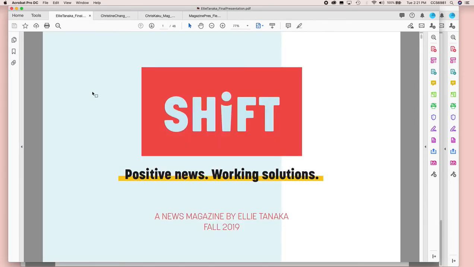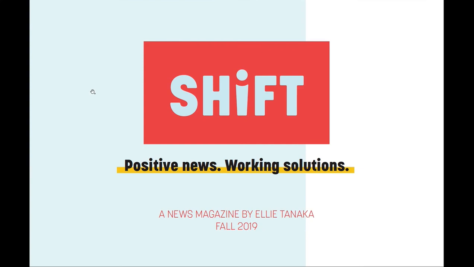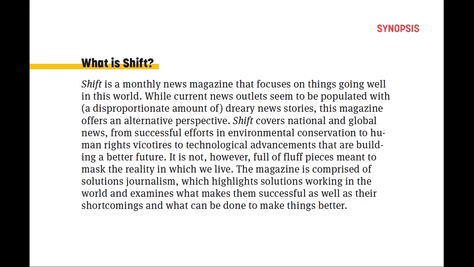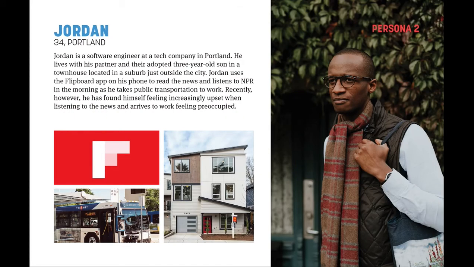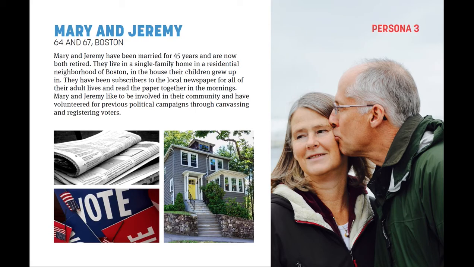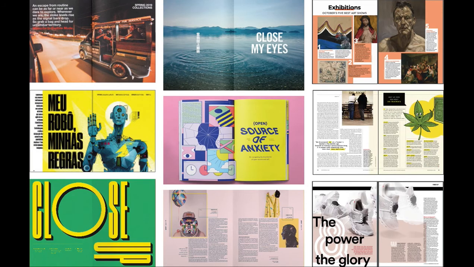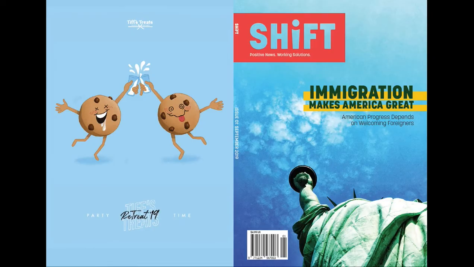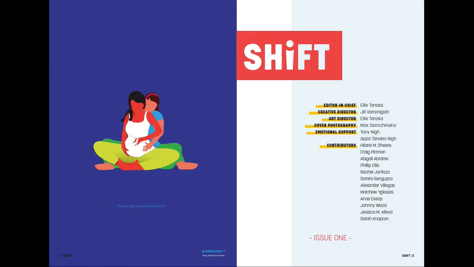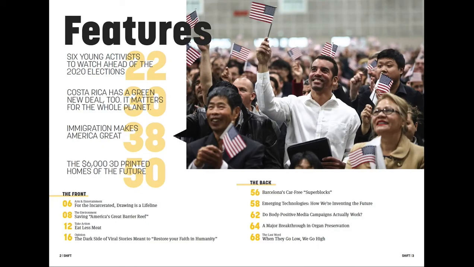This is Ellie's. And this is called Shift, Positive News Working Solutions. And her synopsis, her personas, her mood board, her flat plan. Her cover is branded, but her back cover is advertising. And here's her masthead page, TOC.